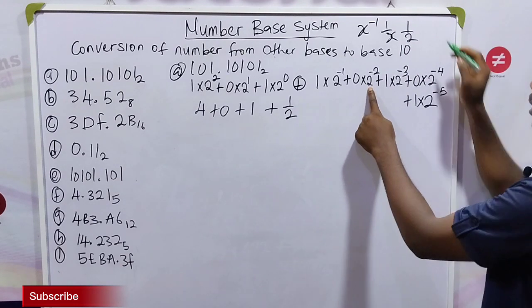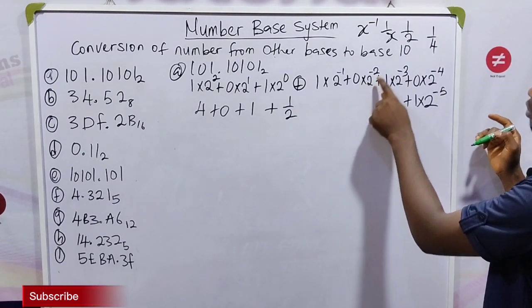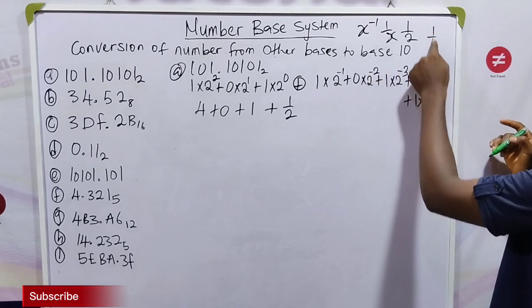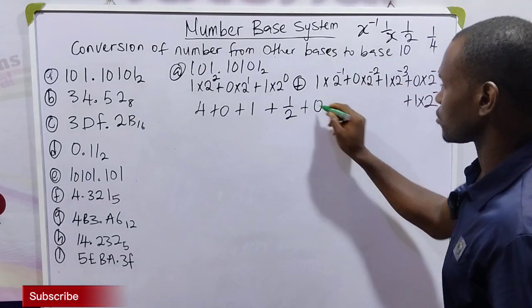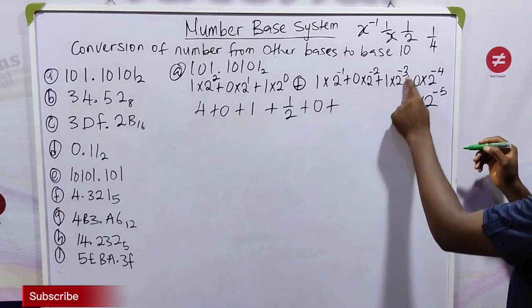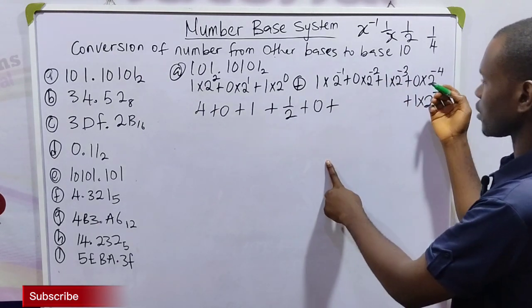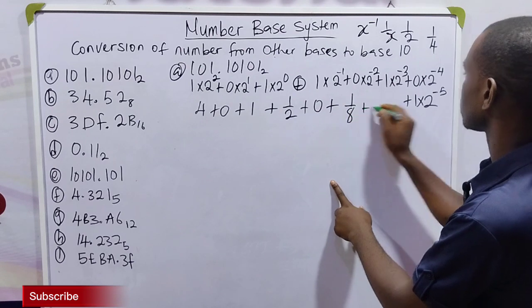Then over here, I'm going to have 1 over 4. Reason is because 2 raised to power 2 is 4. Now because of the negative, we have 1 over 4. So 1 over 4 times 0, that would give me 0. Then 2 raised to power minus 3. Now 2 raised to power 3 will give us 8. Because of negative, we are going to have 1 over 8. Then 1 over 8 times 1, 1 over 8.